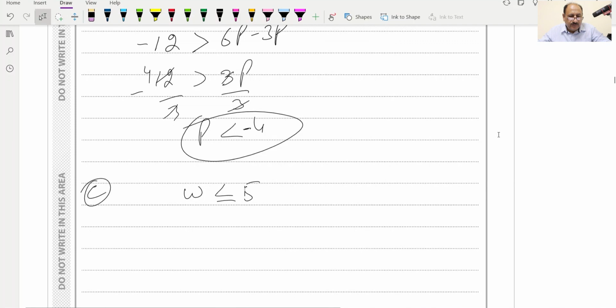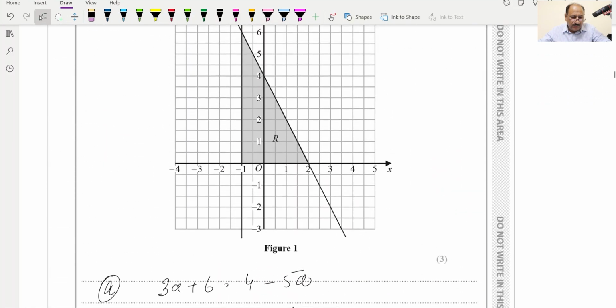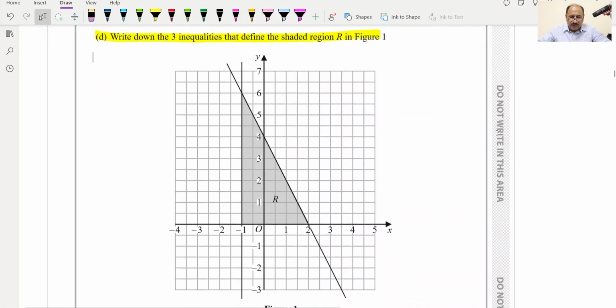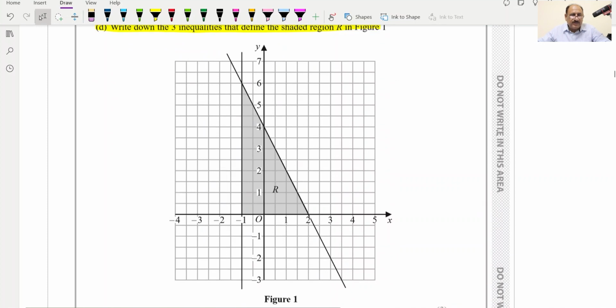And next we can move to the D part, and the D part says write down the 3 inequalities that define the shaded region R in figure A. So this is the shaded region for which we have to write down the inequalities.